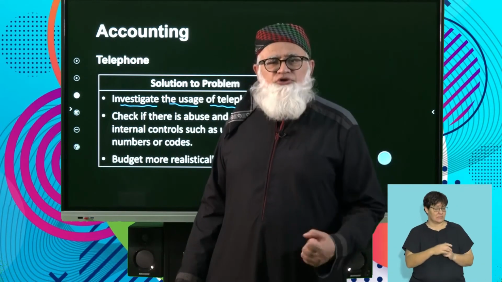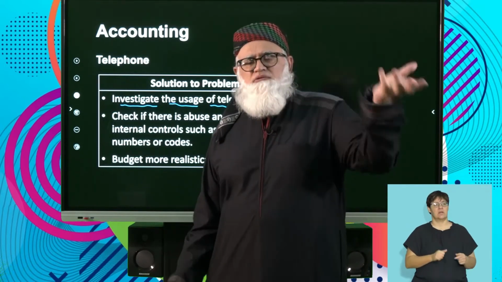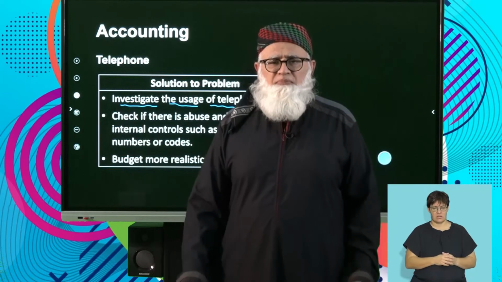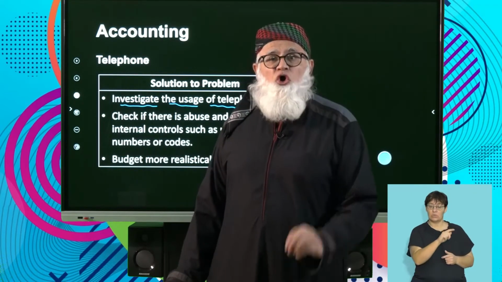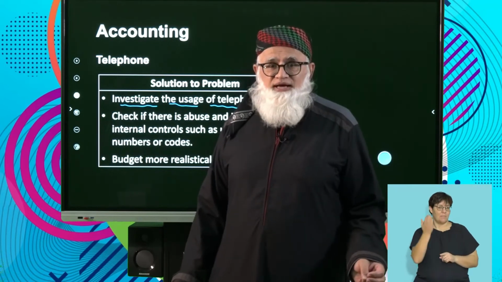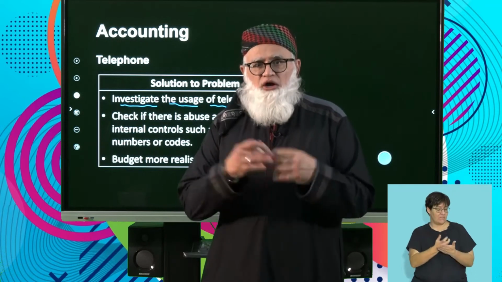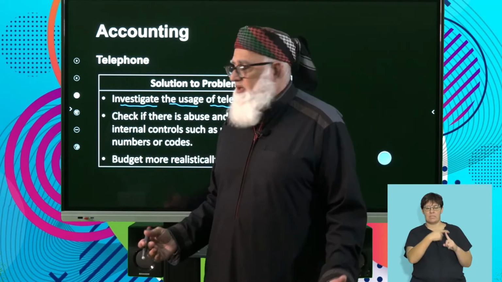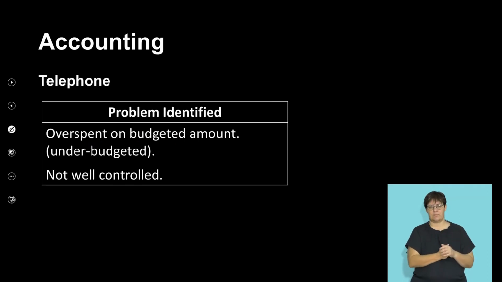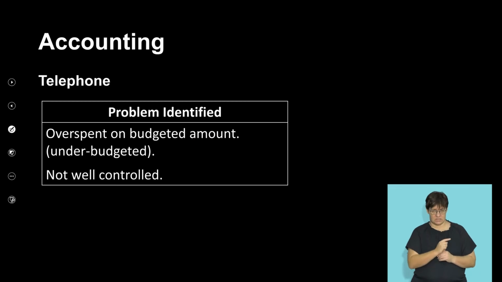Very often you think that the budgeted figure is a thumbsuck figure. You just snap it from the air and say, okay, we're going to budget so much. No, the budgeted figure is actually based on previous usage, right? So based on historical evidence, you know that on average, you should budget for plus minus 5,000 Rand for your telephone, right?